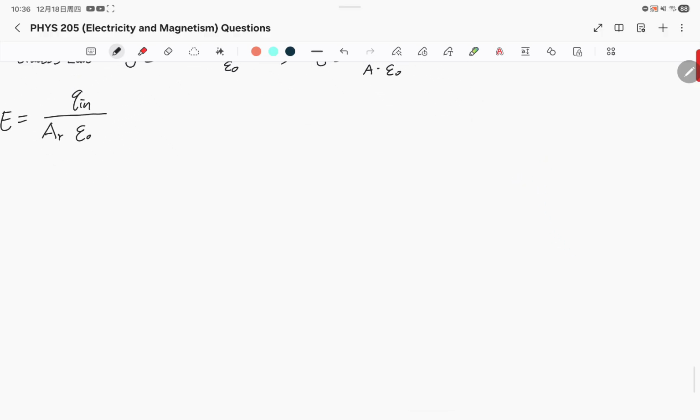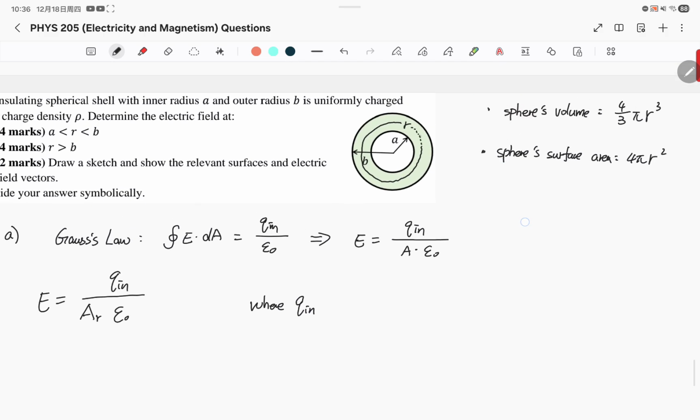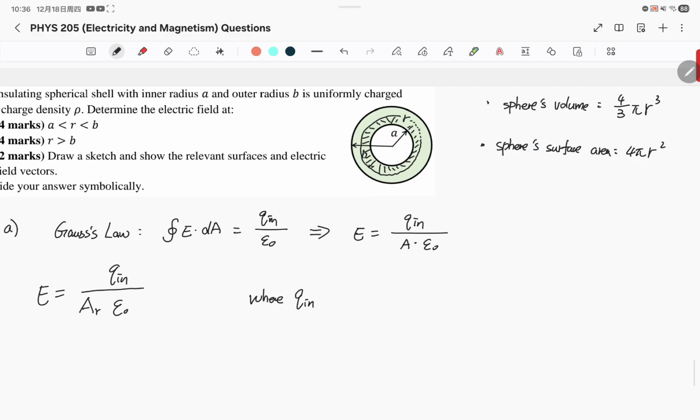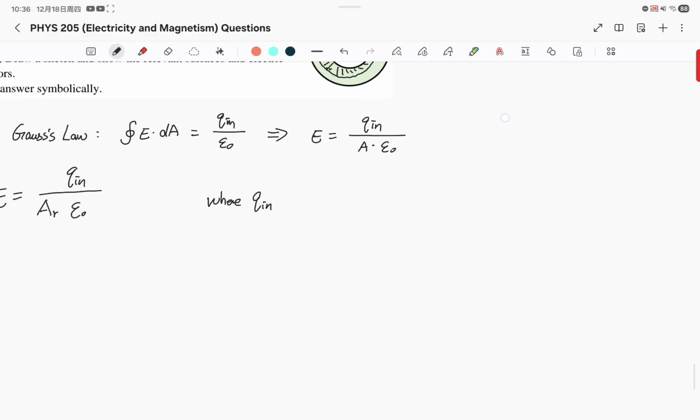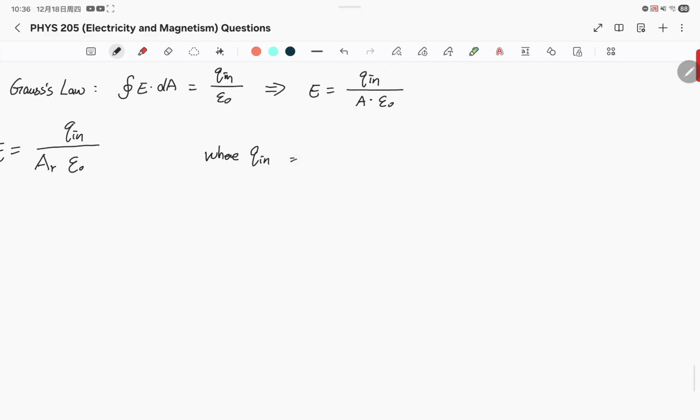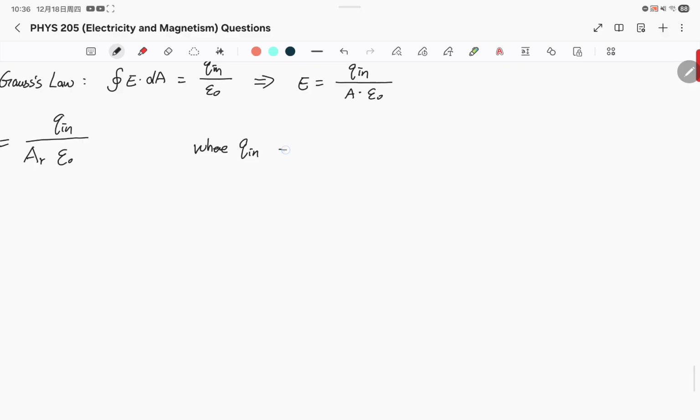Now we need to find Q enclosed. What's the charge in this region? Because the sphere is hollow inside, there's nothing there, so we need to remove that volume, because it doesn't create any charge. That's where we use the volume equation.